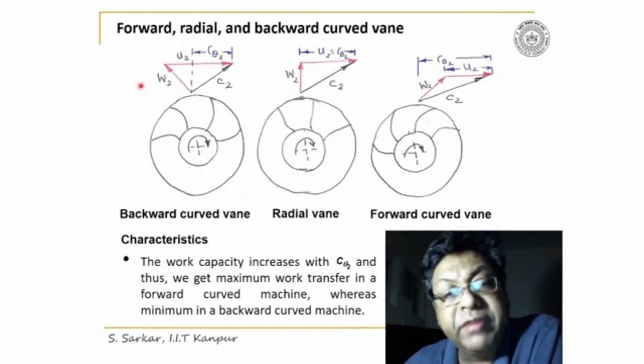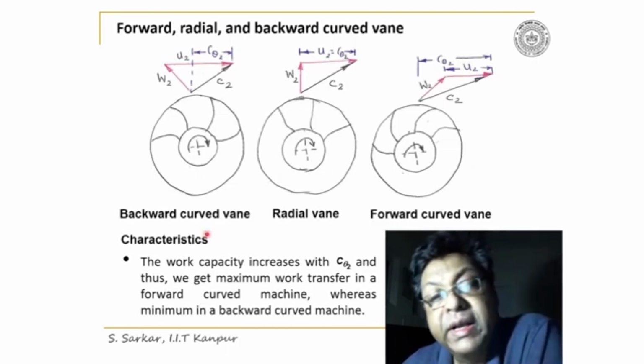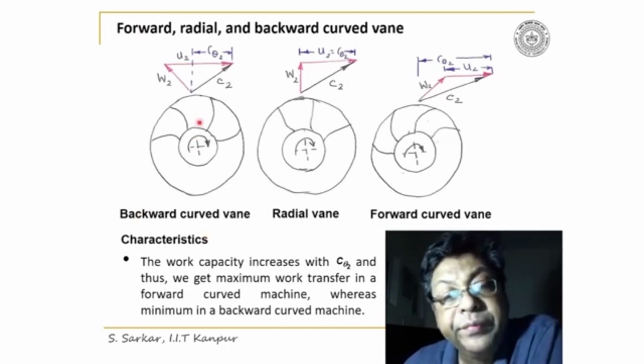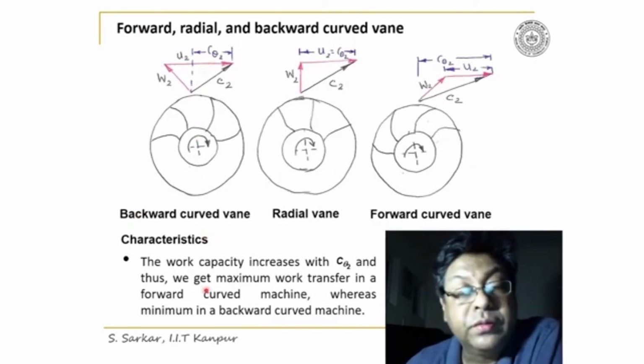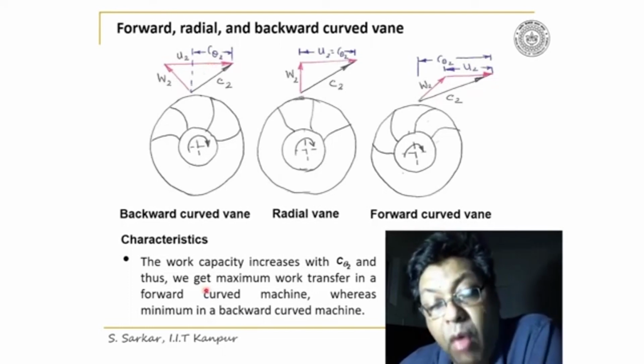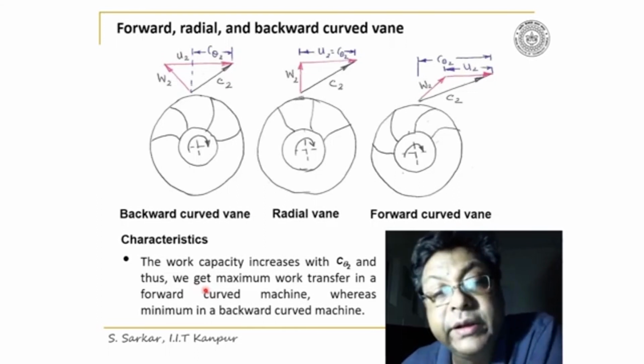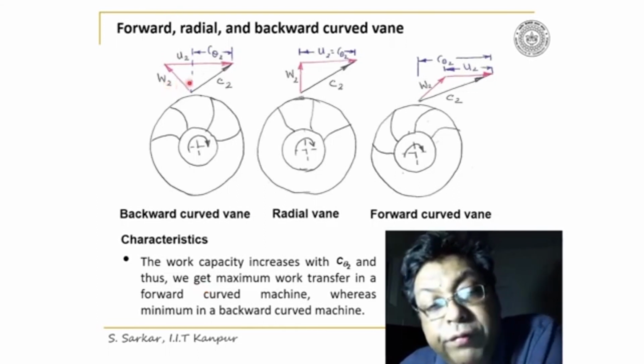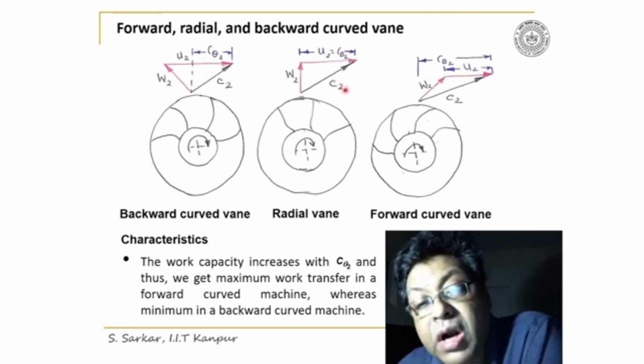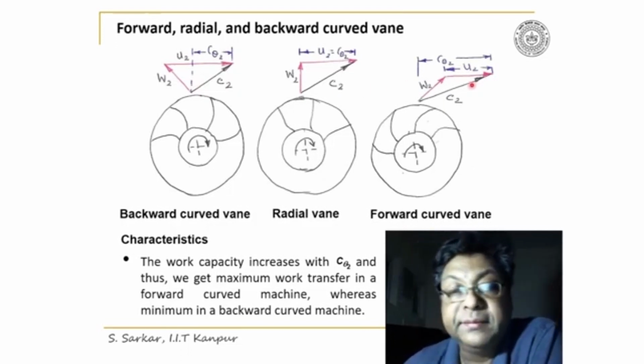Now if we draw the velocity triangle, we'll immediately appreciate c theta 2, the swirl at exit. The value of swirl at exit would increase as you move from backward curve to forward curve vane.